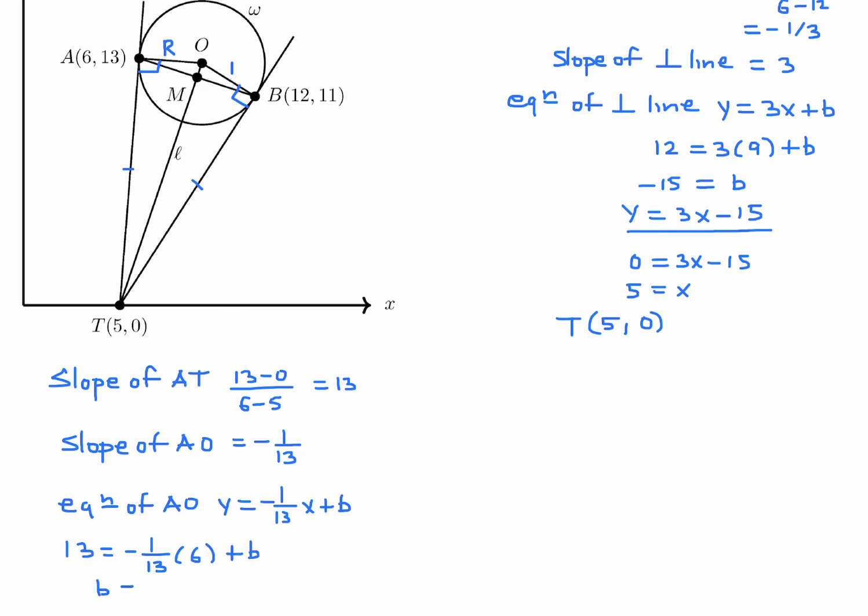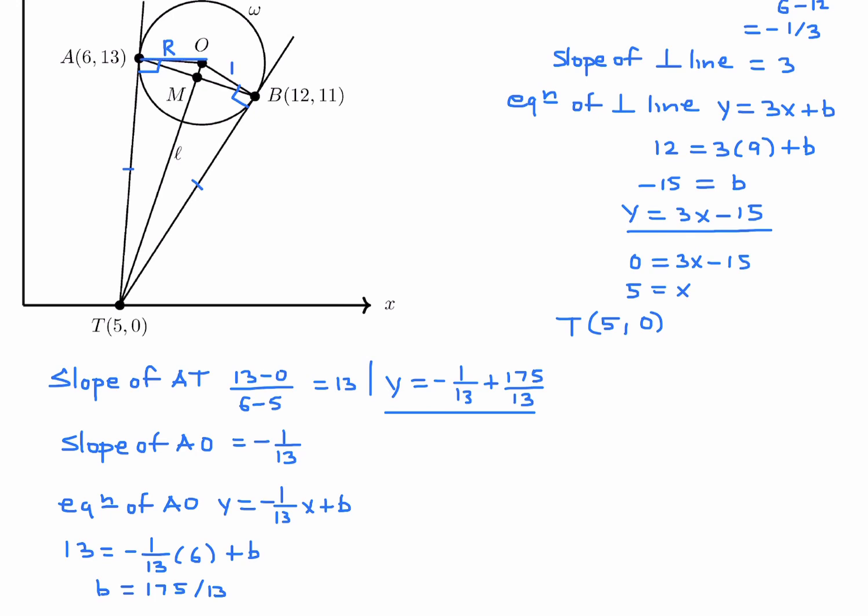And when you solve for b, you get 175 over 13. So that equation is y = -1/13 x + 175/13. And that is the equation of AO right here.